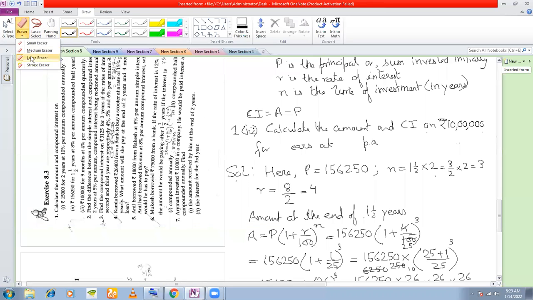Okay, this is not even years, this is months. So for 9 months at 8% per annum, compounded quarterly. Okay. So let's see how to treat this.